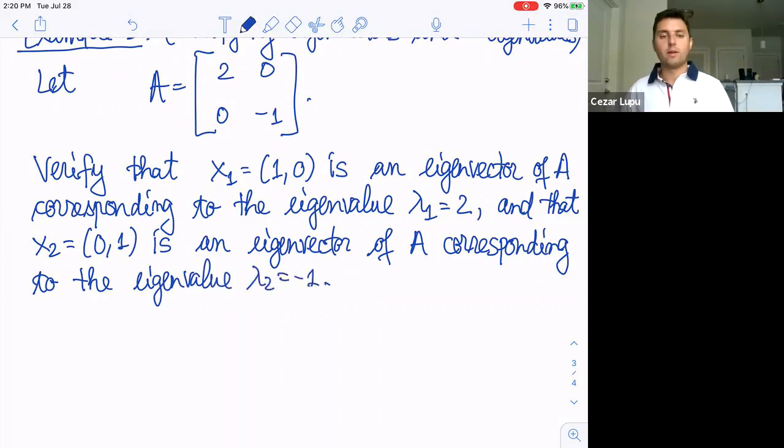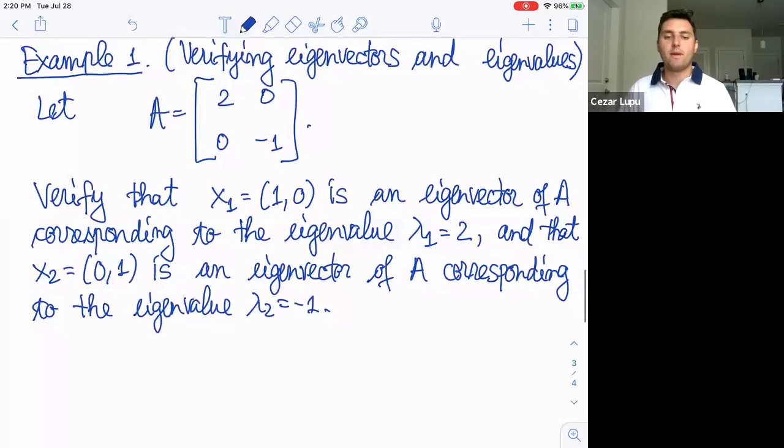Okay, let's see this one here. So as you can see here, basically I'm telling you which one is the eigenvector, which one is corresponding to which eigenvalue, and so on. As you can see, I have two eigenvalues, two eigenvectors.